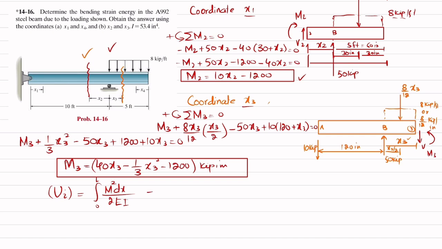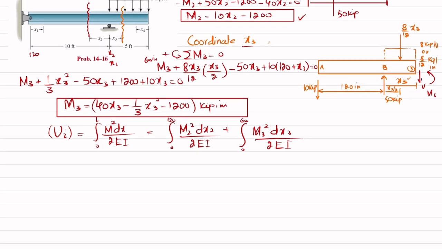So for coordinate x2, it will be 0 to 120 inch, and I will write m2 square dx2 divided by 2EI, and for coordinate x3, it will start from here and end here, so 60 inch. 0 to 60. And it will be m3 square dx3 over 2EI.